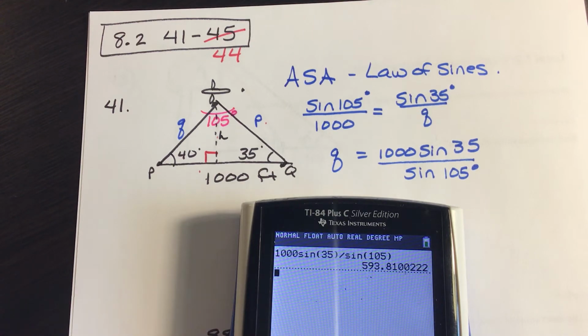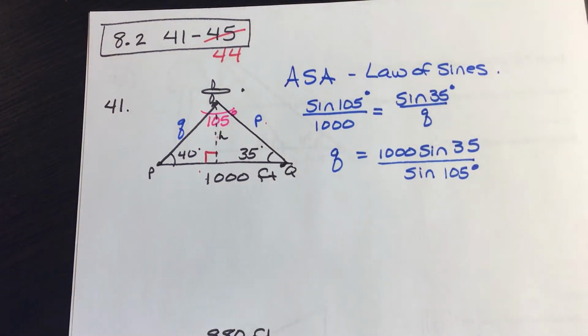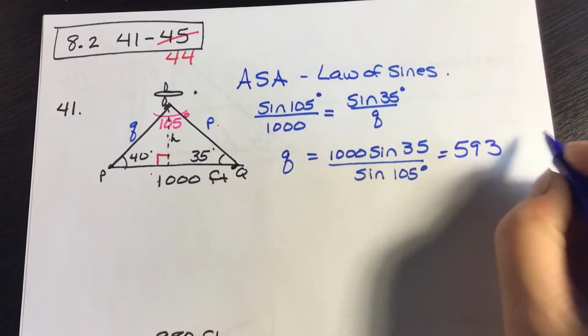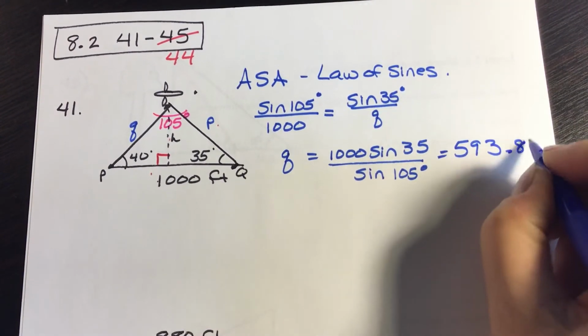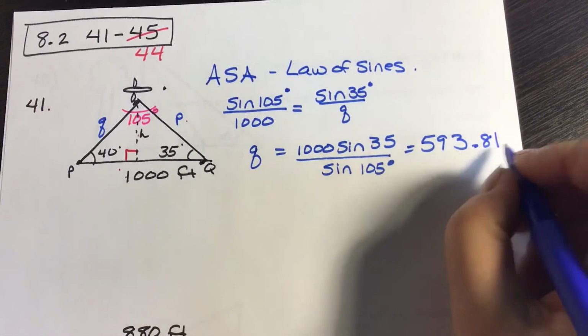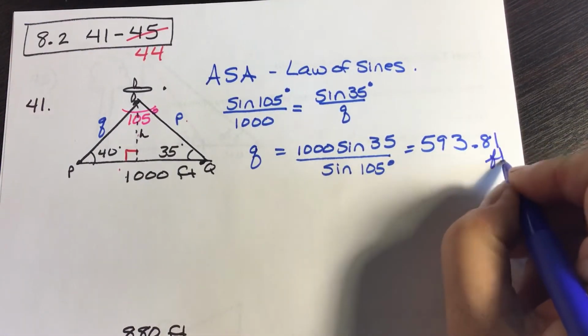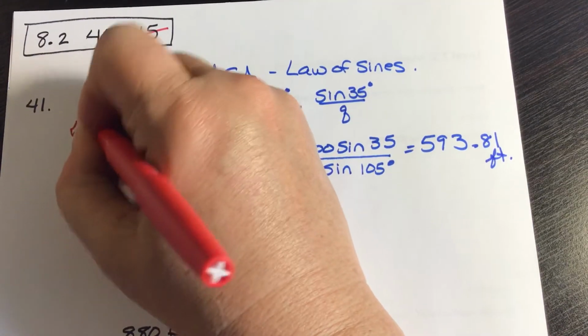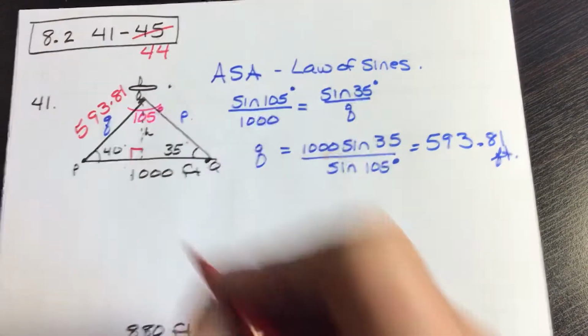And I get 593.81. So Q is 593.81, and that would be measured in feet. So that's this side over here, 593.81.